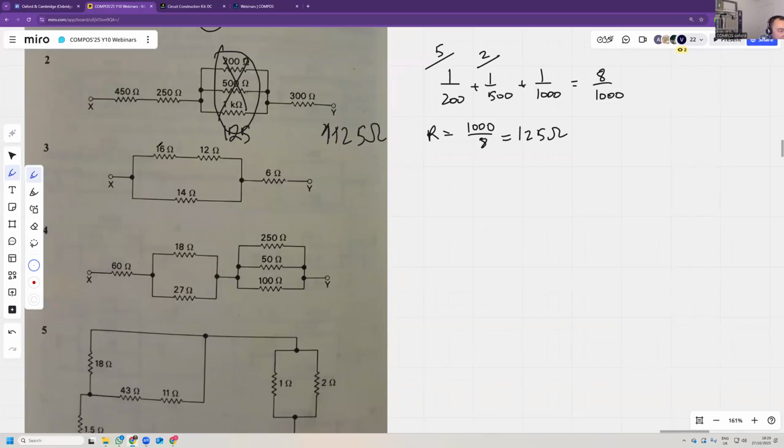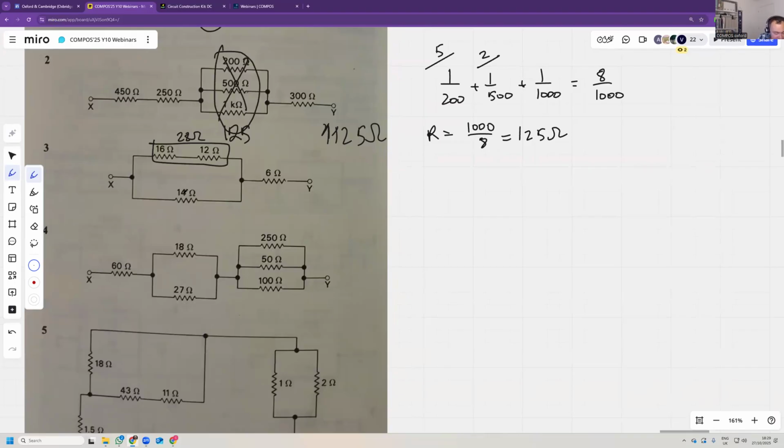So in question 3, you have 16 and 12. So first you do this combination, so that will be 28 ohms and 14. So you can think of it's 3 28ths, so 28 over 3.